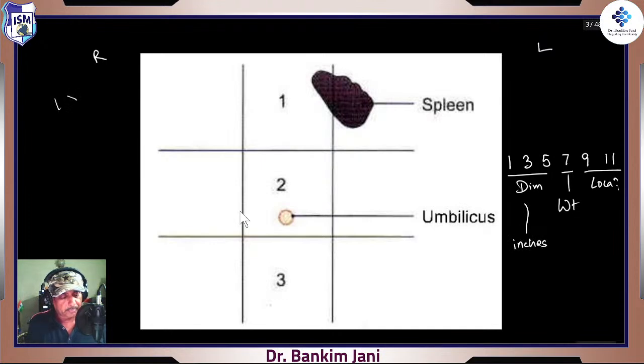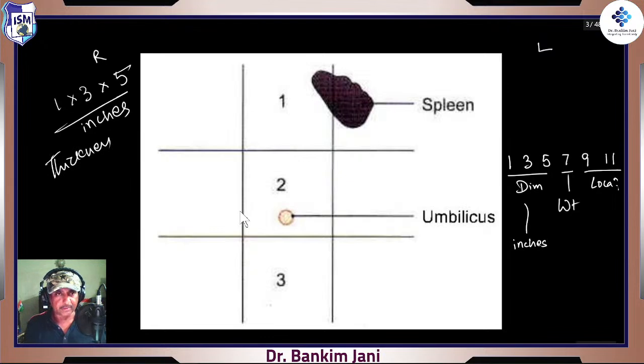So 1 by 3 by 5 inches. 1 is the thickness, then the width, which is 3 inches, and the length, which is 5 inches. So that is 1 by 3 by 5.